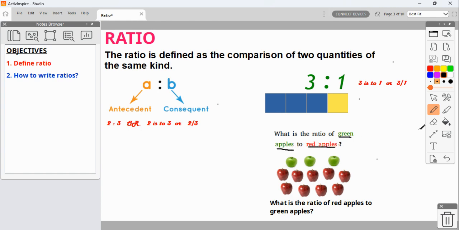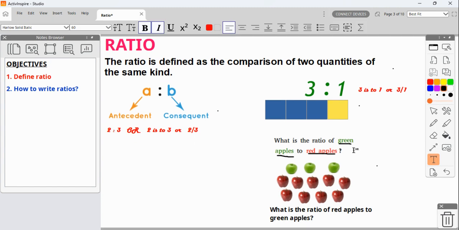So how to write it in ratio will be, we can count there are 3 green and 9 red apples, 3 ratio 9. Or in another way we can write 3 is to 9. Or the third way for writing ratio is 3 by 9 or 3 divided by 9.